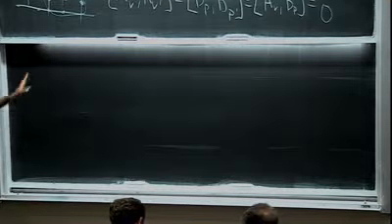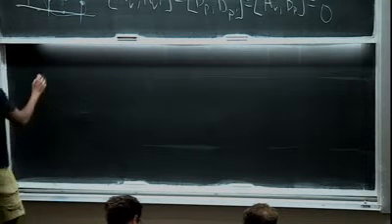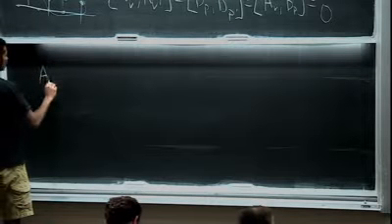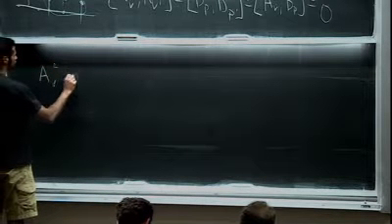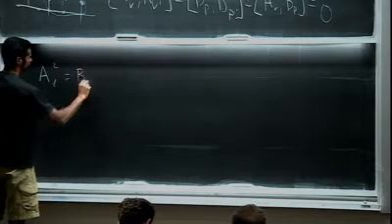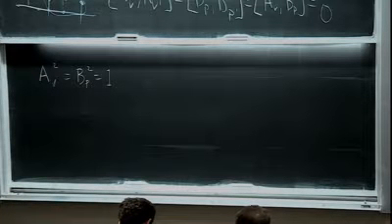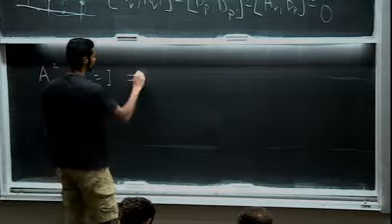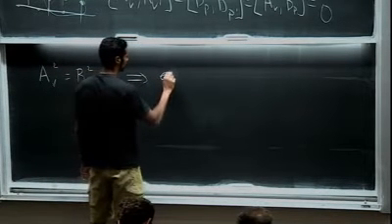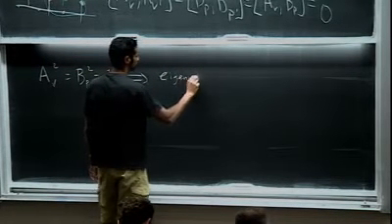Now, the ground state. Given that all these operators commute, and moreover, these operators all square to 1, because the sigmas all square to 1, their eigenvalues are plus or minus 1.